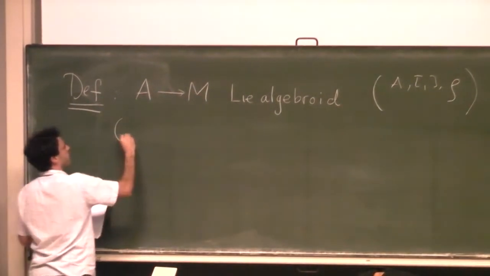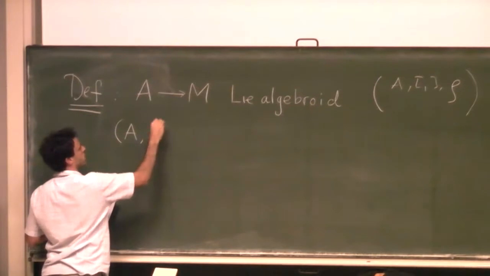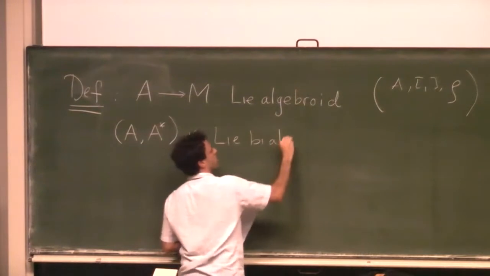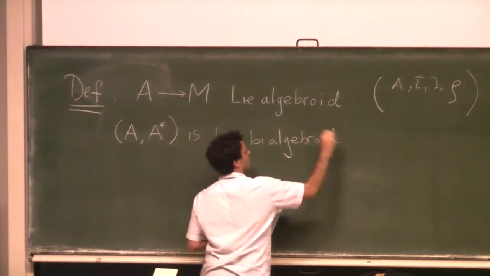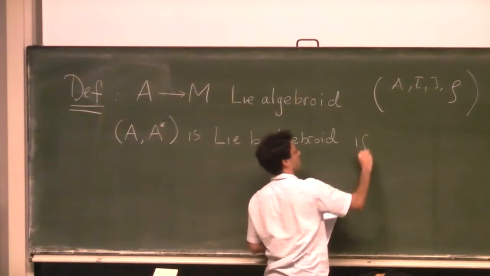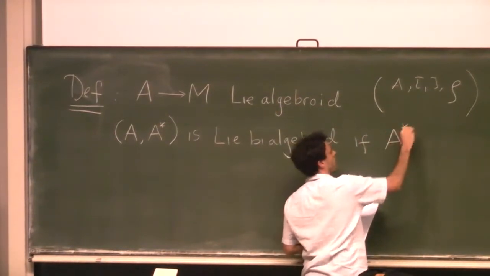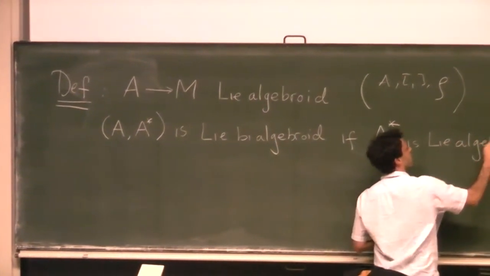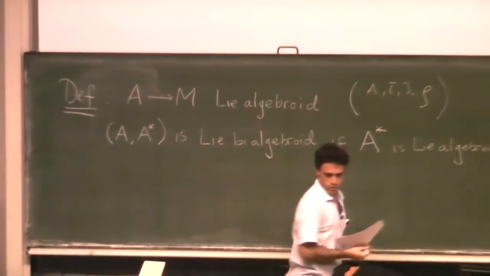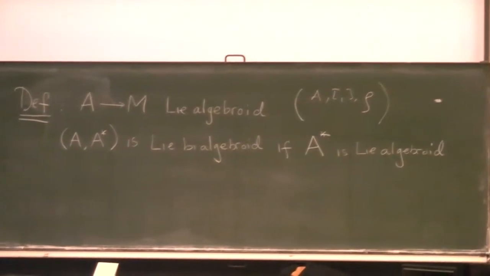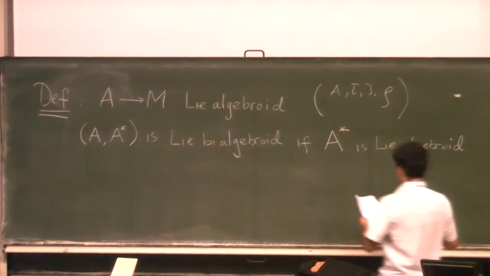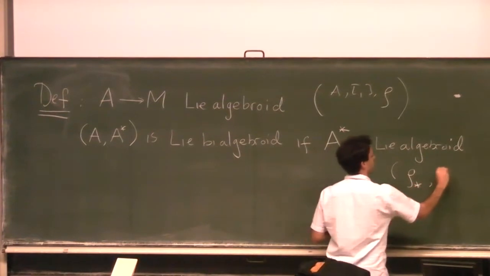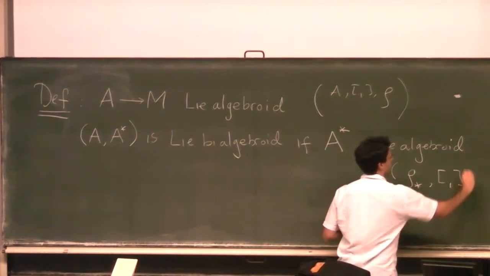I'll say that the pair A and the dual bundle A star is a Lie bialgebroid if A star is a Lie algebroid itself, right? So the structure for A star, I'll denote by the anchor like this, and the bracket on sections of A star like this.